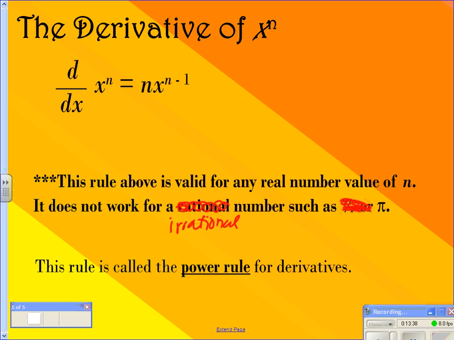It works on fractions. It works on whole numbers, negative numbers. It just doesn't work for pi or e. You can't have your exponent be e in this case. This rule is called the power rule.